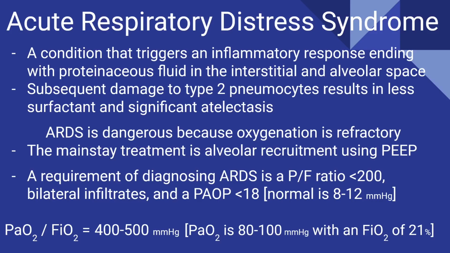Now, if their PaO2 is 80, and we're supplying 50% FiO2, then we start to have a problem, and we want to address that. But in order for ARDS to be diagnosed, we need it to be below 200 millimeters of mercury.